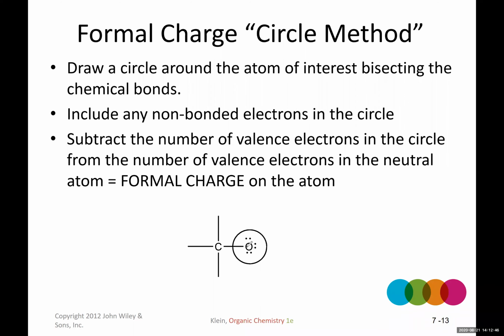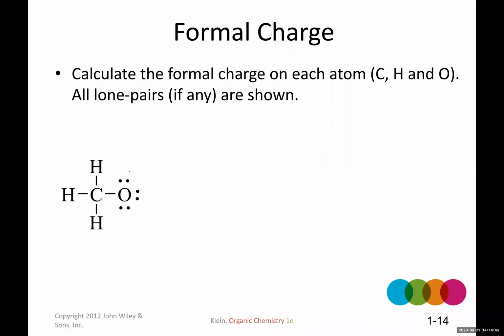So let's look at the next one. Here I'm going to show you several examples. Okay, so we already did this. We have an oxygen with 1 bond and 3 lone pairs. So I'm going to do this again. We draw a circle around the atom, enclosing the lone pairs and bisecting the bond. We have 6 valence electrons on a neutral atom.